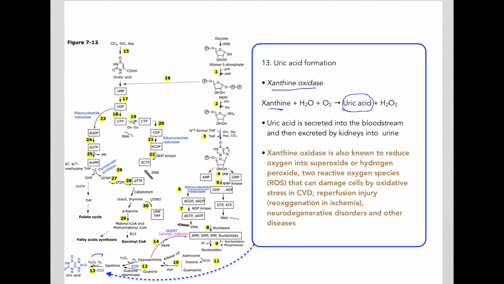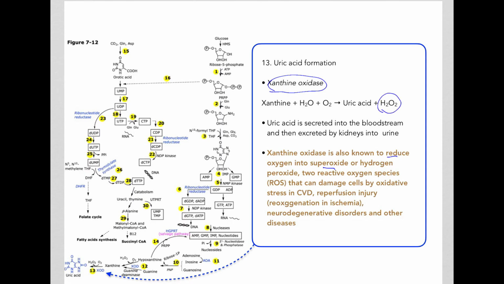So you see that in this reaction, xanthine oxidase converts xanthine into uric acid. Now the uric acid is secreted into the bloodstream, and then it enters the kidneys and is excreted into the urine.